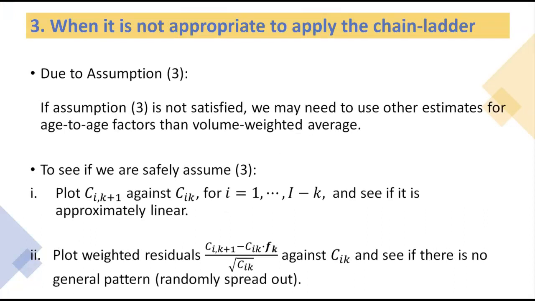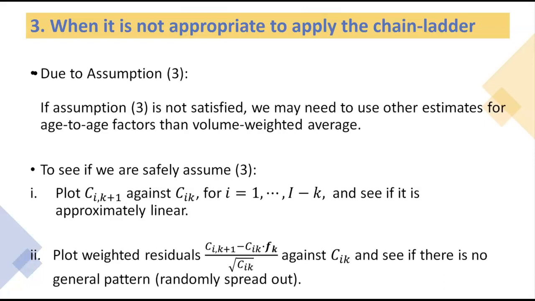If assumption 3 is not satisfied, then the volume-weighted average is actually not the best unbiased estimator. We may choose to use another estimator for age-to-age factors. To verify assumption 3, we can use two plots. First, plot the consecutive claim amounts between development year k+1 and development year k, and see if the scatter plot is approximately linear.